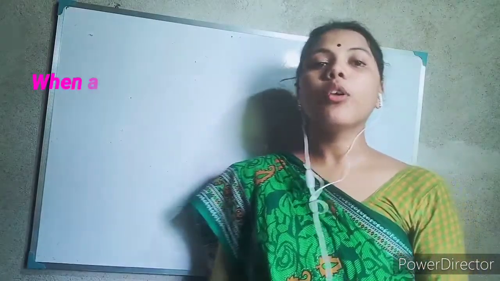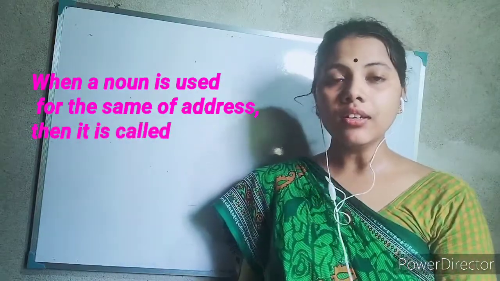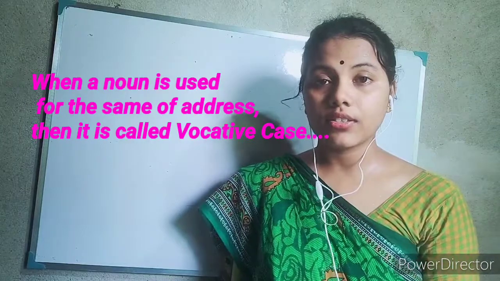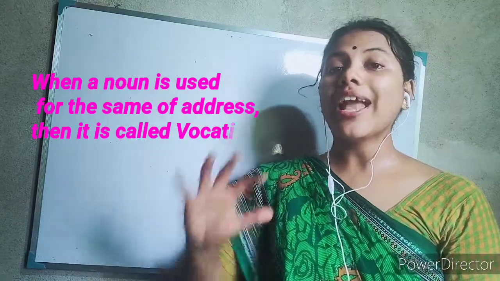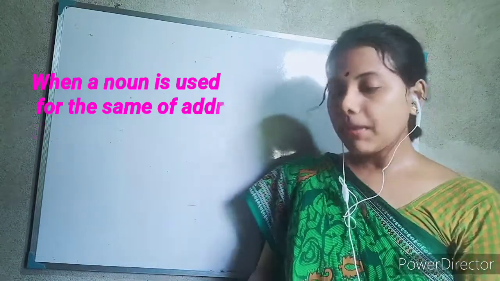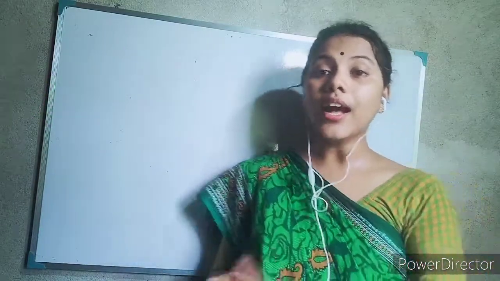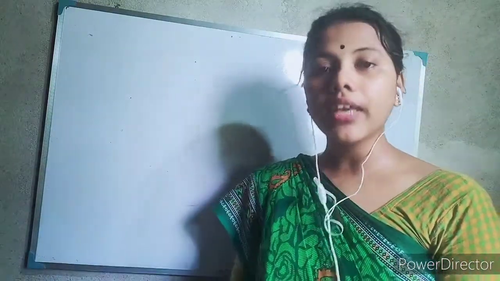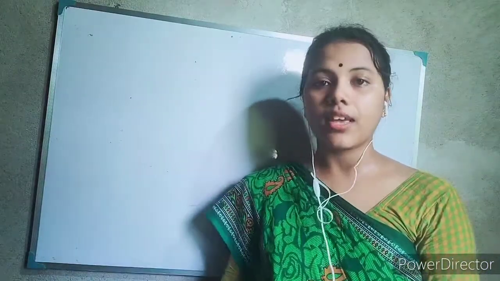Third one is vocative case. Vocative case is something that is used for the sake of address, meaning when a noun is used for addressing somebody. If I say Ram, come here, here I am talking to Ram and telling him to come here. So you see I am using this noun to address him.